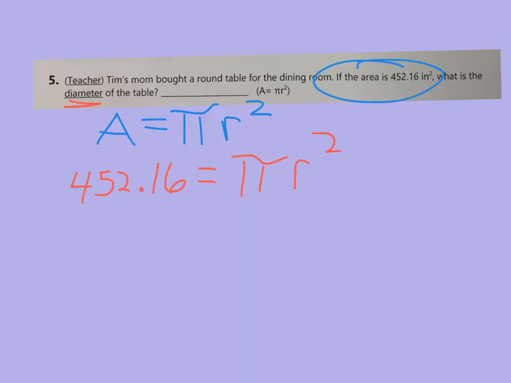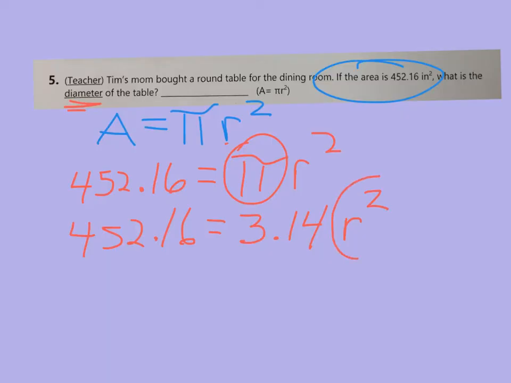From this formula so far, I know I can find the missing radius, but I have to work backwards a little bit. We know what pi is, so I'm going to put that number in, 3.14. The only thing we don't know is r squared.